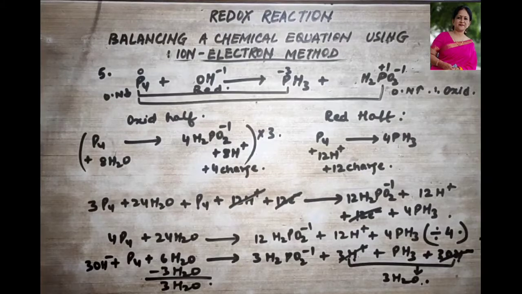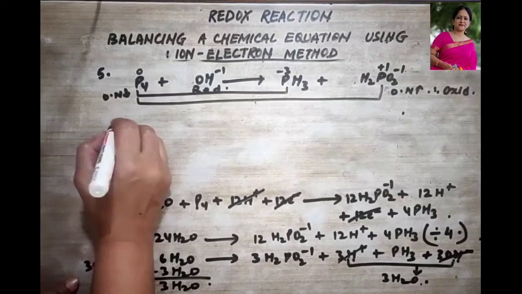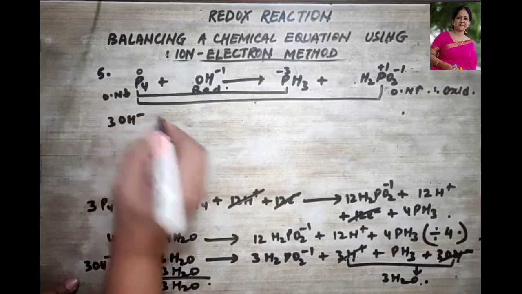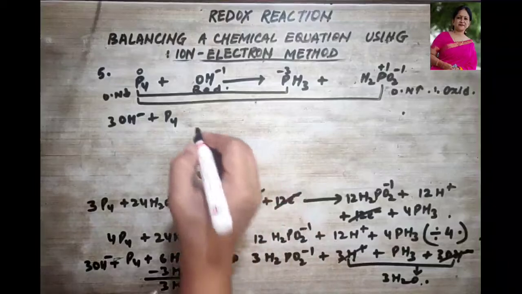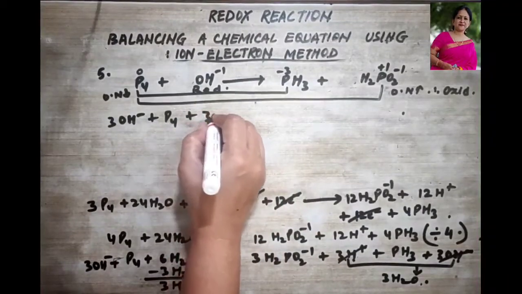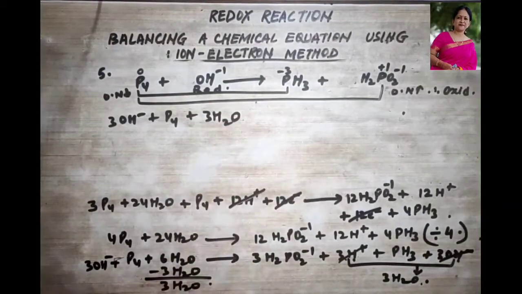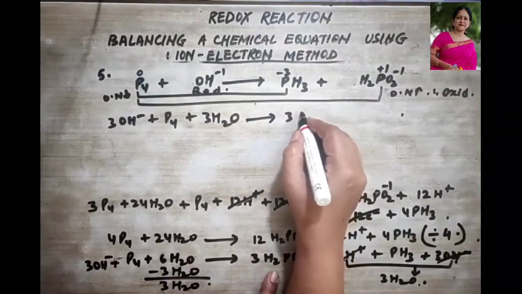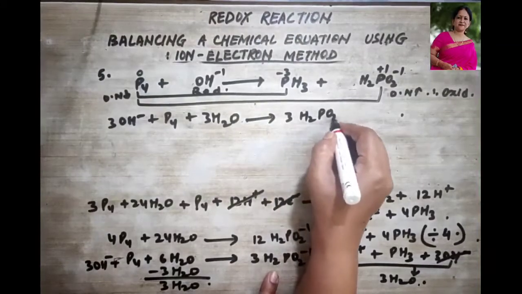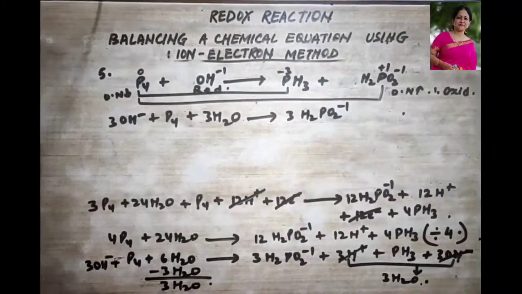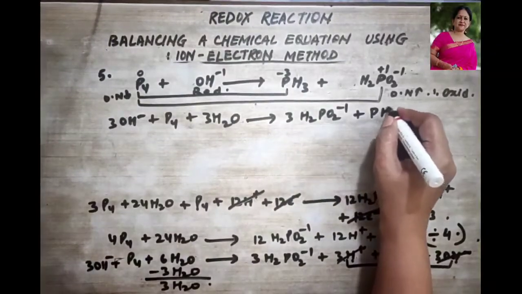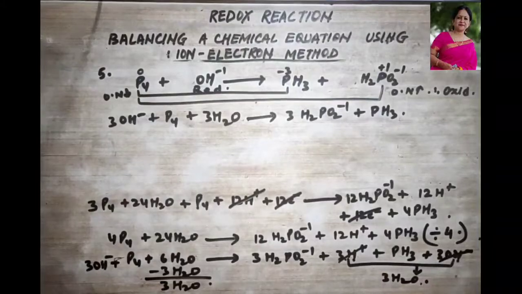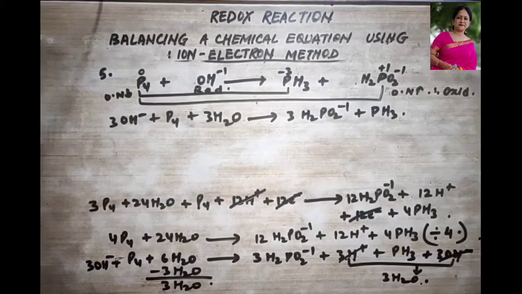So 3 hydroxyl ions plus P4 plus 3 water molecules gives us 3 H2PO2 minus 1 plus PH3. This water has already been taken this side, so we don't have to write that.